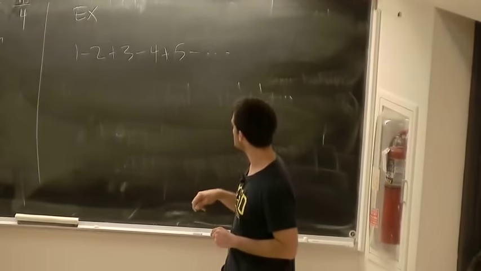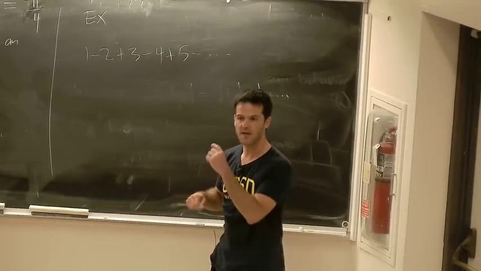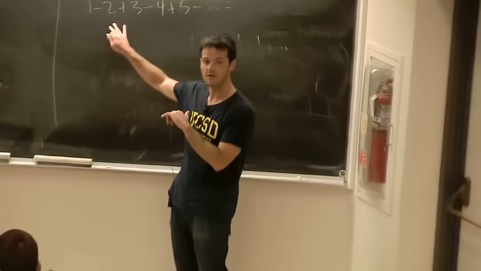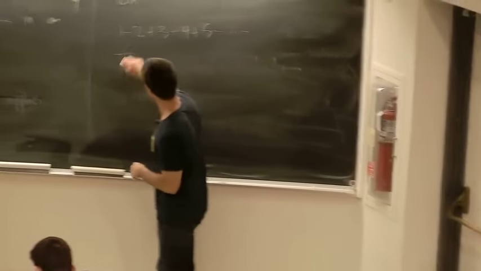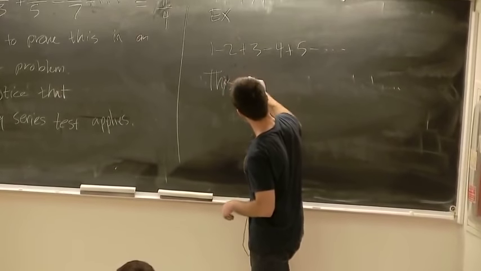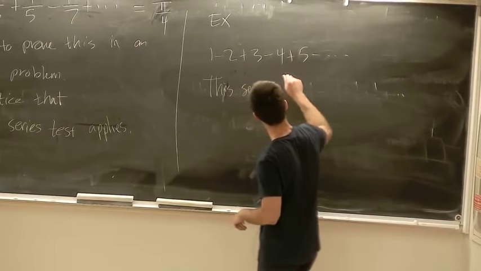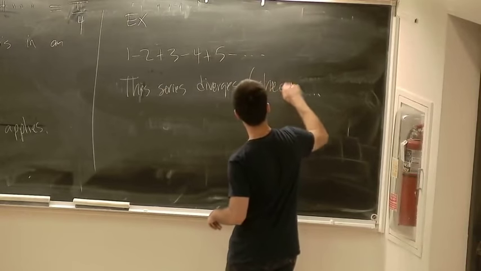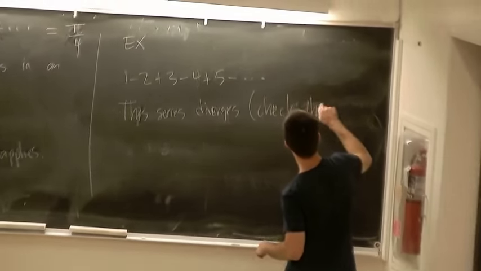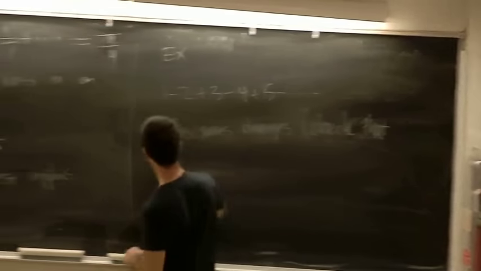I encourage you to verify that. Even though it is alternating, the terms are getting bigger, not smaller. I encourage you to check that by computing the partial sums, that it diverges.